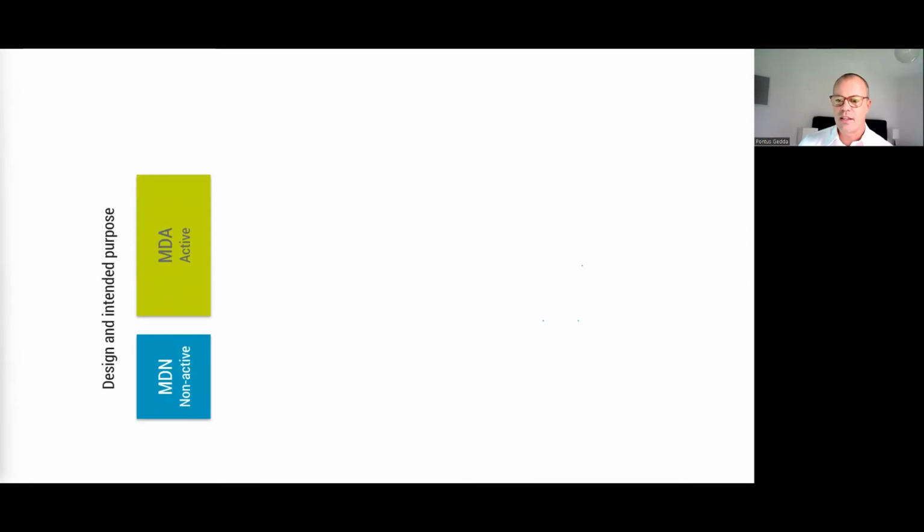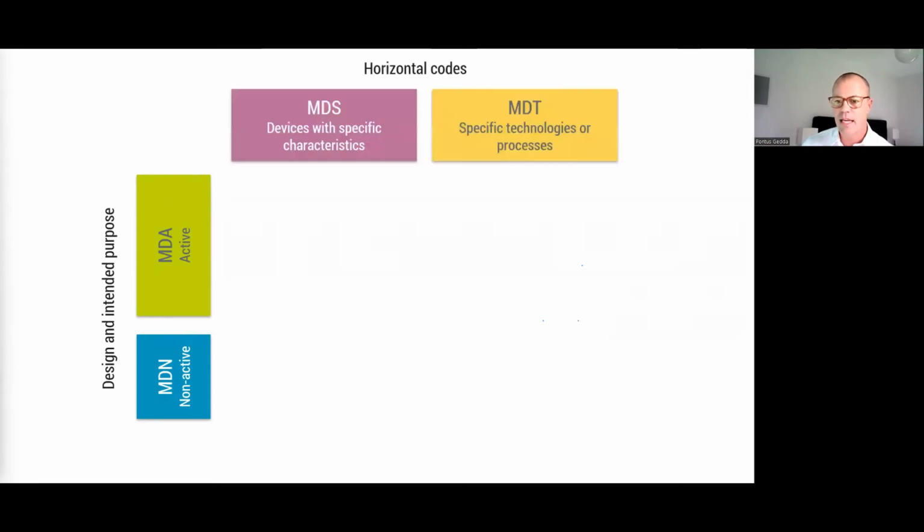First, we have the MDA and MDN codes that are related to the design and intended purpose of the device. MDA codes are for active medical devices, and MDN is for non-active medical devices. An active medical device is a device that depends on some source of energy, except the human body or gravity. Then we have the so-called horizontal codes.